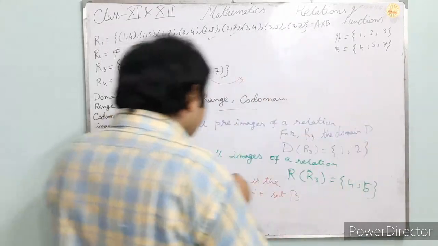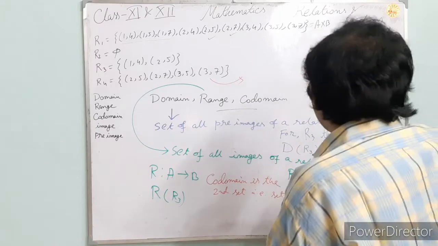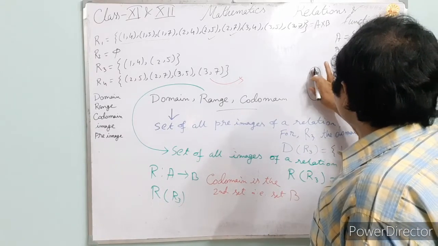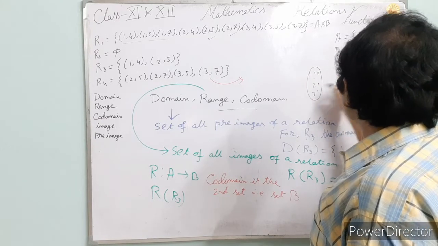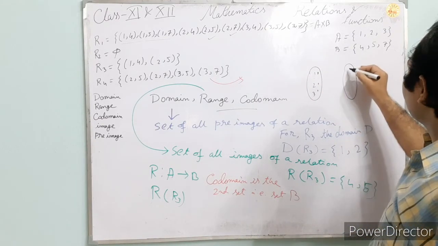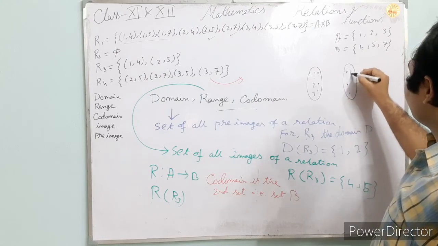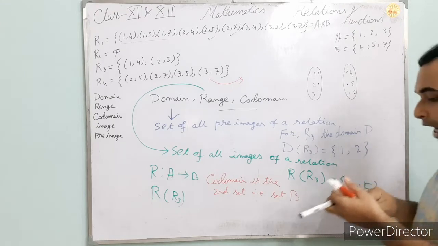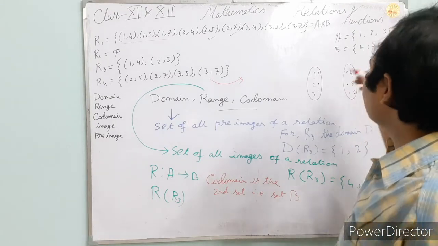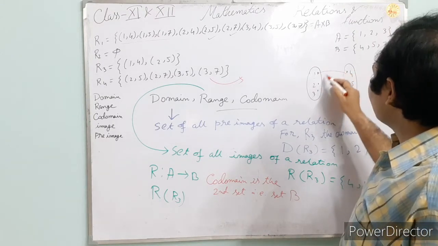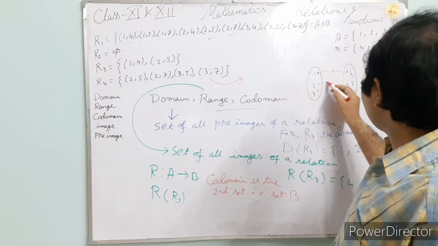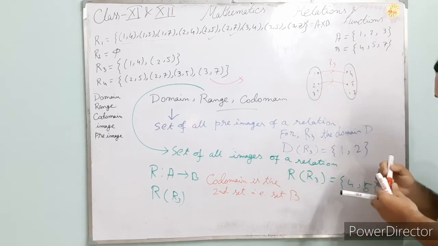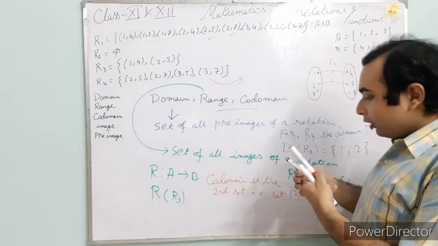If we draw that relation R3 again, here 1, 2, 3, and here 4, 5 and 7. So just see R3. R3 was 1 to 4 and 2 to 5. This was R3.